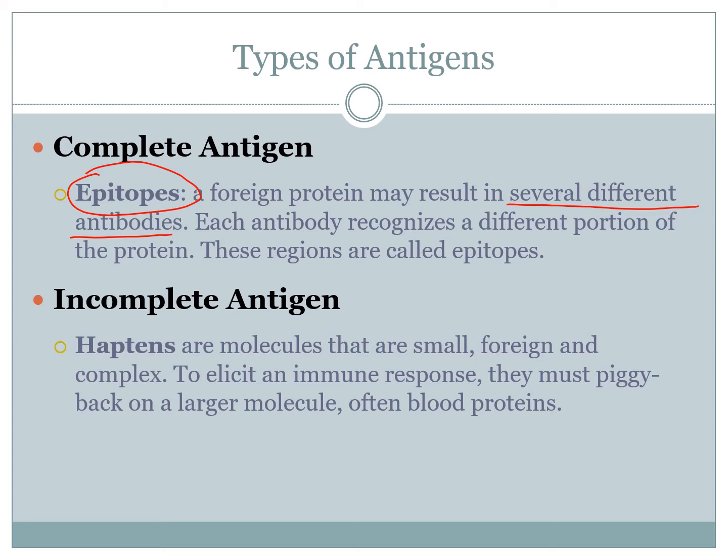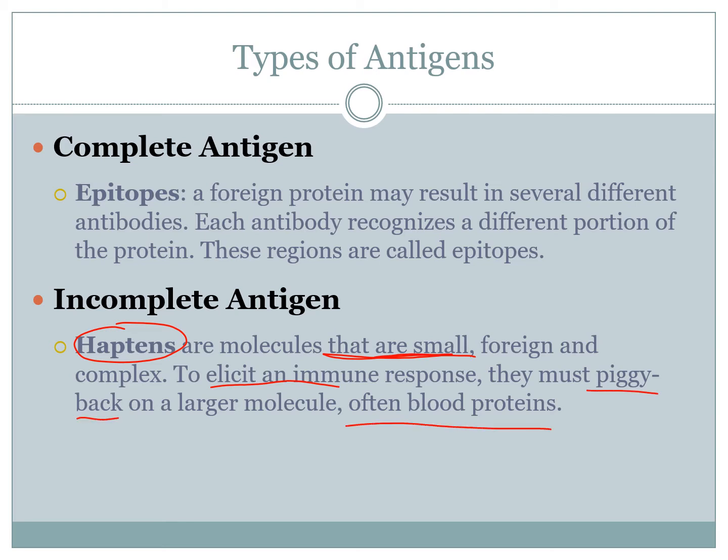And then when we start looking at things like drug allergies, the most common one being penicillin, we start looking at incomplete antigens. By itself, a hapten is a really small foreign particle, and it will not elicit an immune response unless it's piggybacked onto a larger molecule.